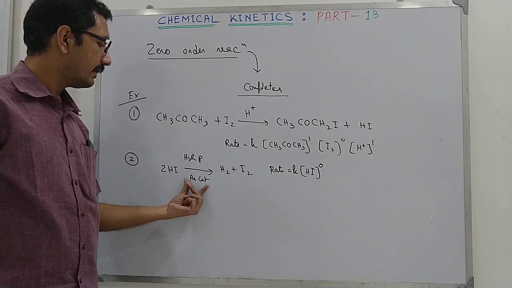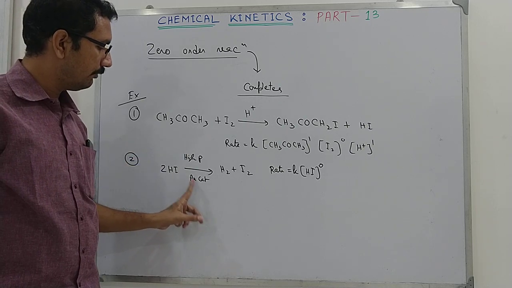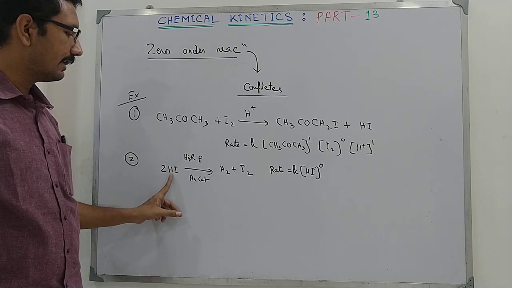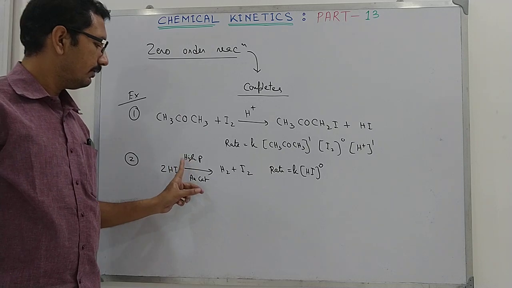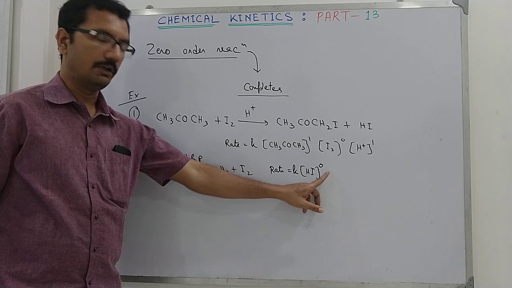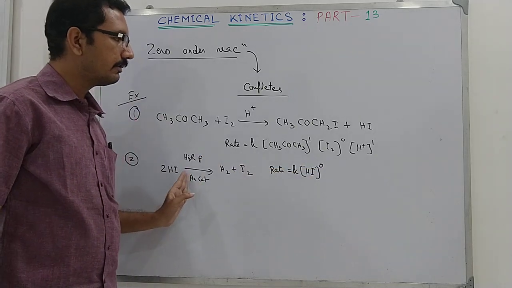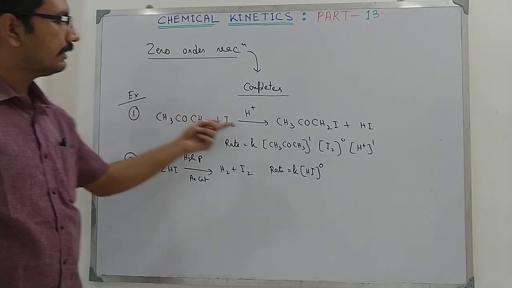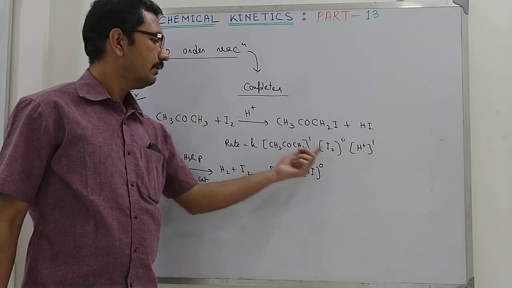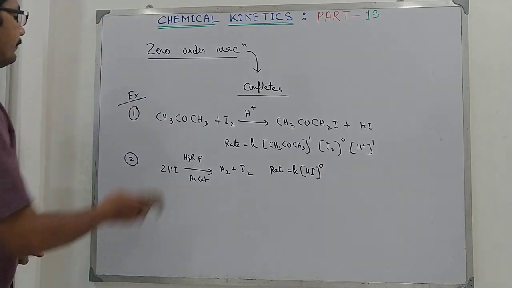So the reaction is occurring at the surface and you need high pressure obviously. So all sites of the gold must be occupied by this reactant. If it is in the range of low to moderate pressure, it will no longer remain zero order. So there are reactions where the overall order may be zero at certain conditions, and there are reactions where the overall order is not zero, it is zero with respect to certain reactants only.